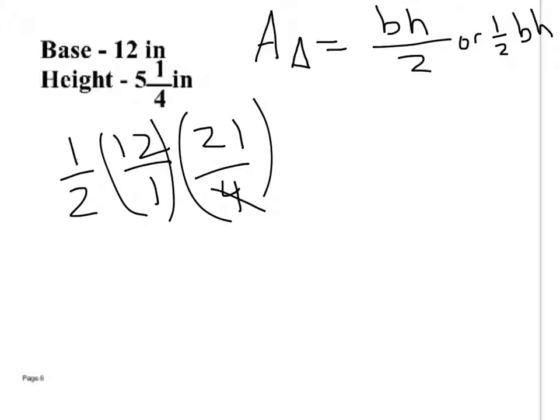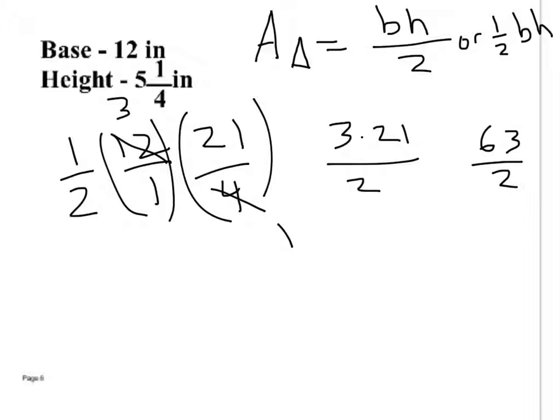So I take out 4, and it gives me 3. I've taken 4 out, so now I'm left with 3 times 21 on top and 2 on bottom. So 3 times 21 is 63, divided by 2.